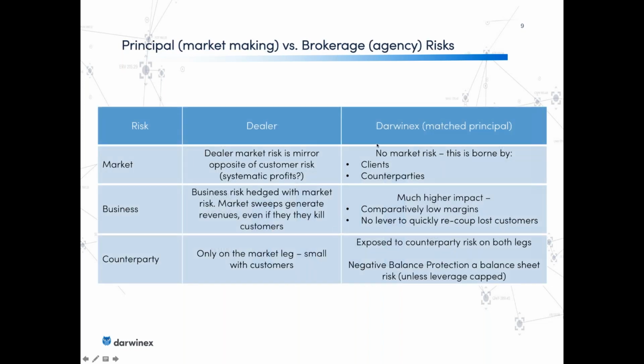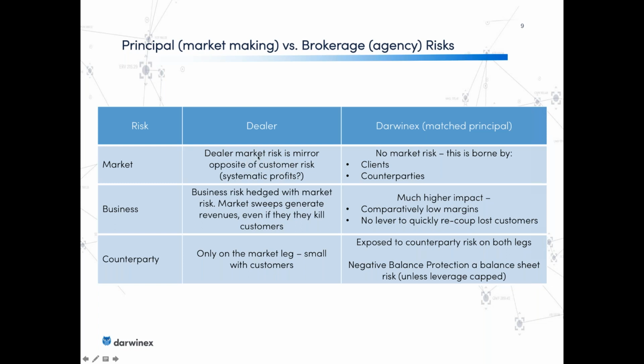Now, in terms of risks from our standpoint, and now we're getting to the point of why we offer DWC, there are essentially three risks that a broker or broker-dealer faces, but we face them to different degrees. If we think of a pure market maker, its only risk is market risk, the risk that all the customers are right, and the house is caught on the wrong side of the trade and is basically out of capital.